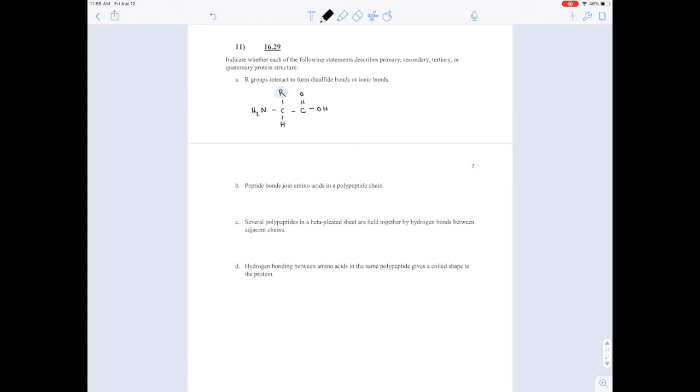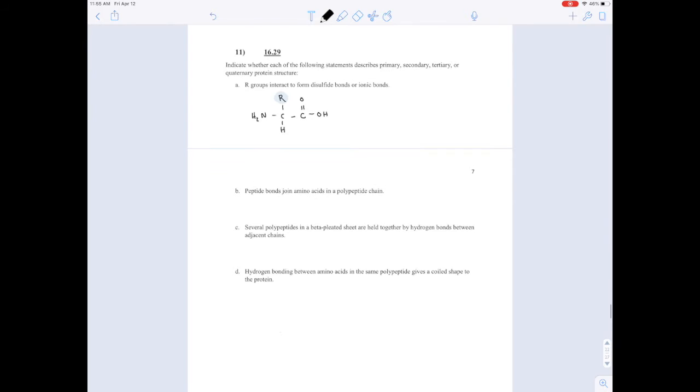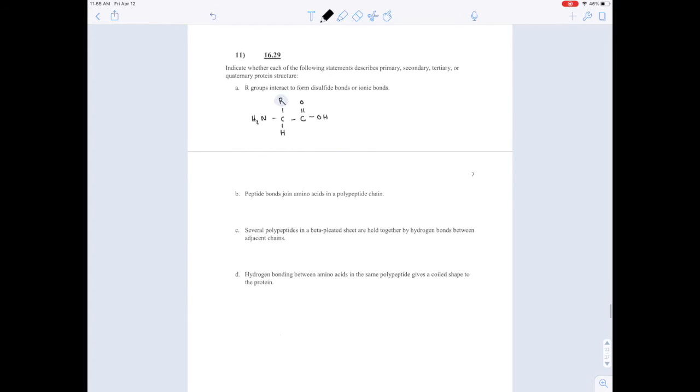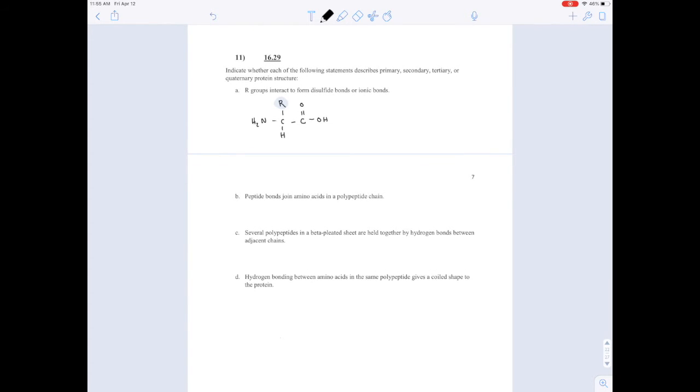So if 2 R groups interact to form a disulfide bond or an ionic bond, what level of protein structure does that describe? When the R groups come together to make the whole protein fold, even distant parts fold so that the protein folds globally, that is the tertiary structure.